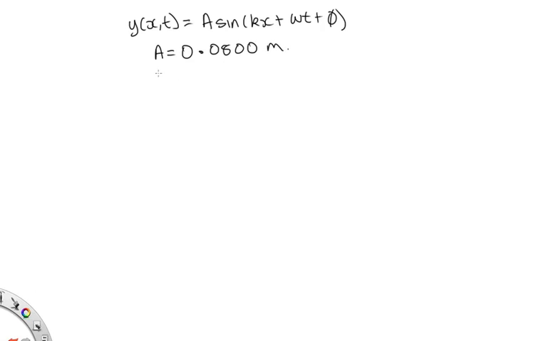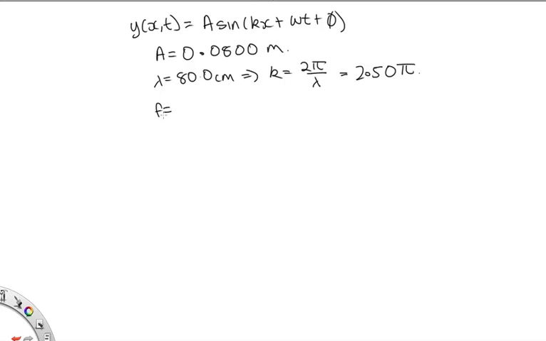We know that lambda is equal to 80.0 centimeters, and so that tells us k is equal to 2 pi over lambda, which is 2 pi over 0.80. So this is equal to 2.50 pi, and we know that the frequency is equal to 3.00 Hertz, which tells us that omega, which is 2 pi f, is equal to 6.00 pi.